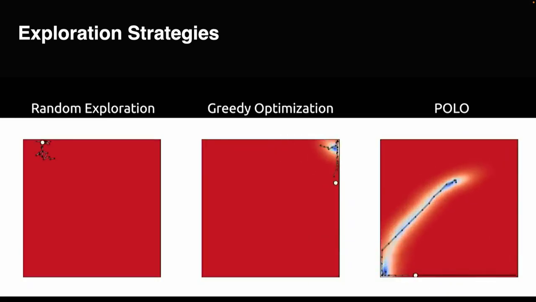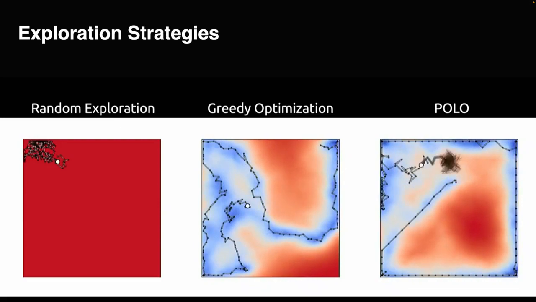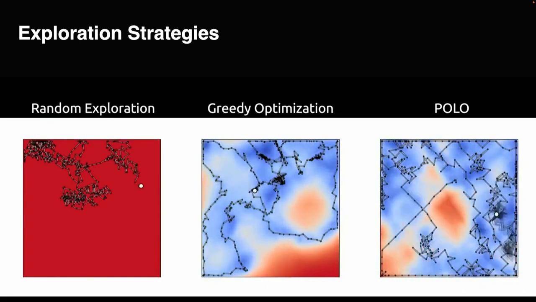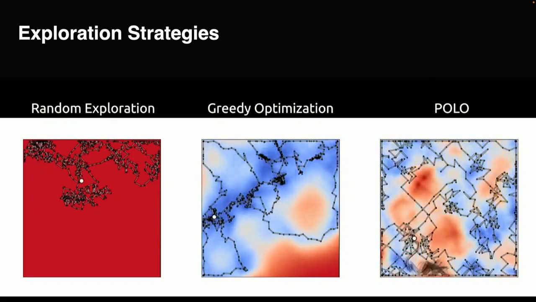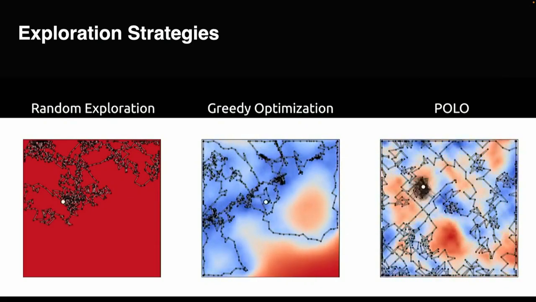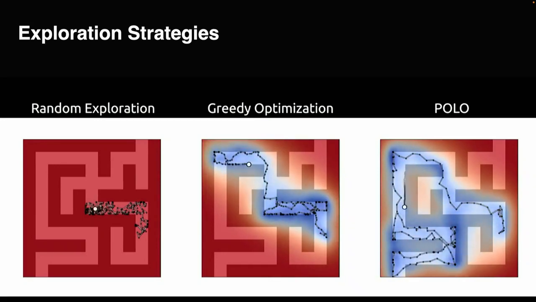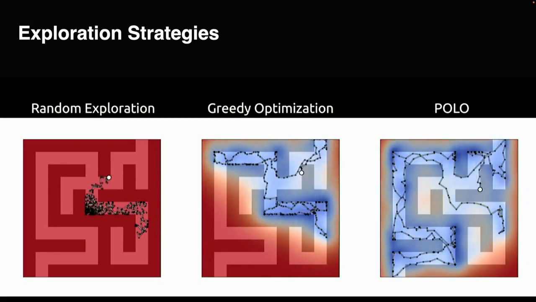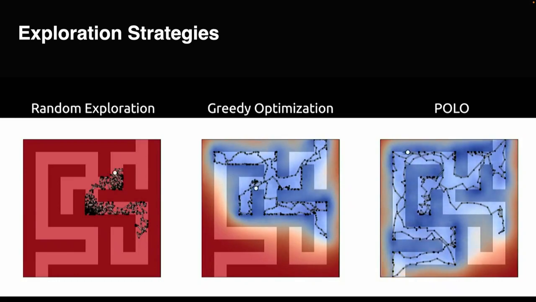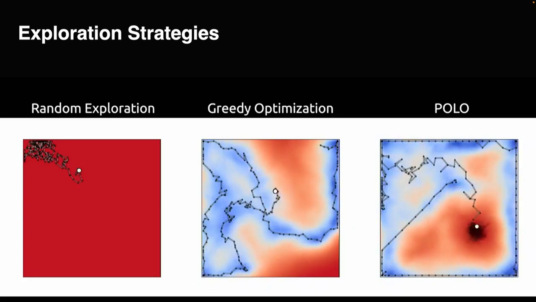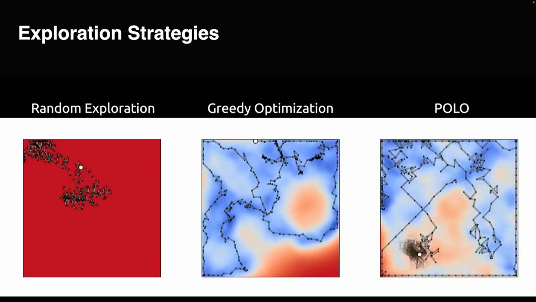And so what we'd see in the middle and on the right is something that actually takes these counts into account. If the color is blue, then it means you've been to the state many times, so the n is high. And if the color is red, it means that state hasn't been visited, so n is low. And so you see this little heat map of visitation counts.